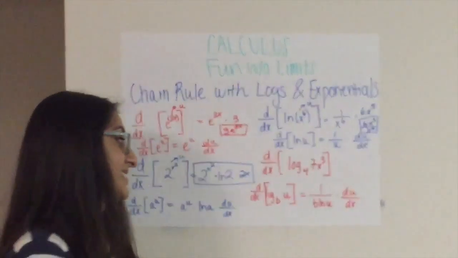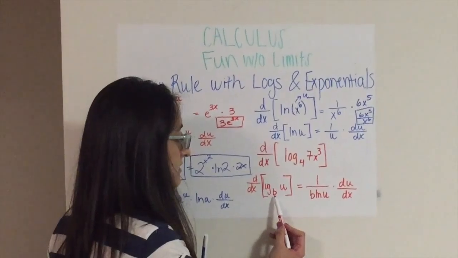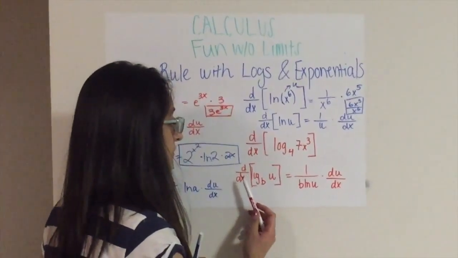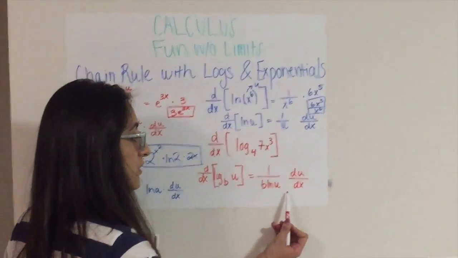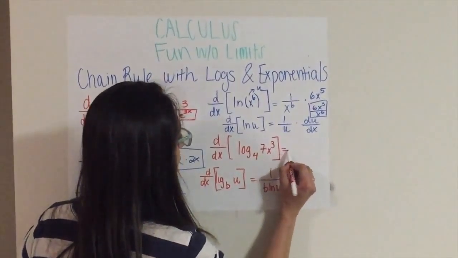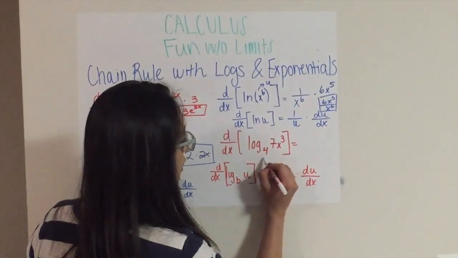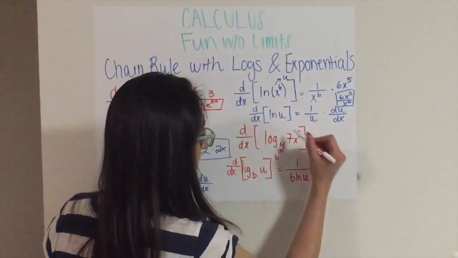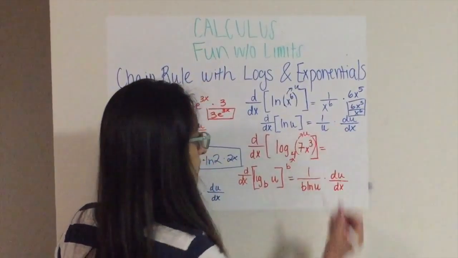And last but not least, we have log base b of u. The derivative of this would be 1 over b times ln of u times du dx. Looking at another example, our 4 would serve as b, and our 7x cubed would serve as u.